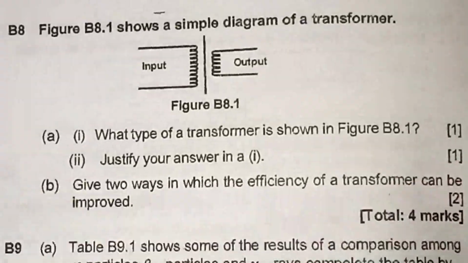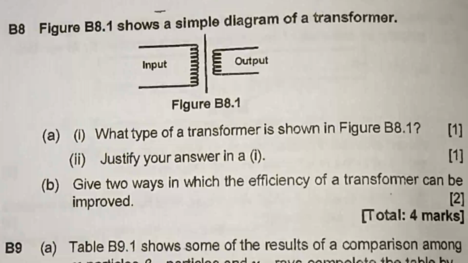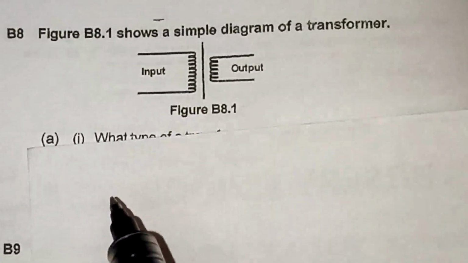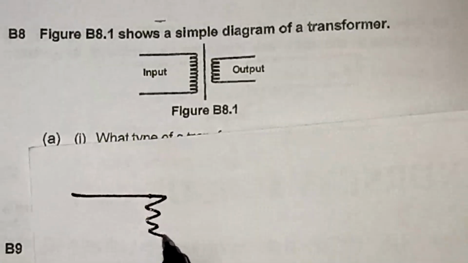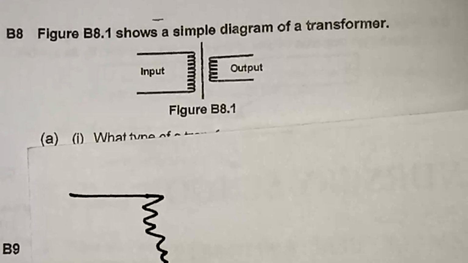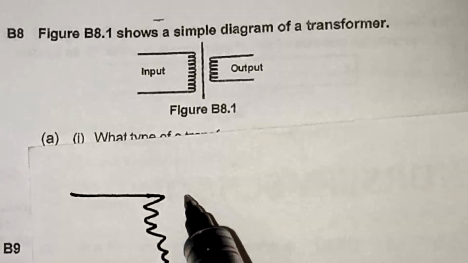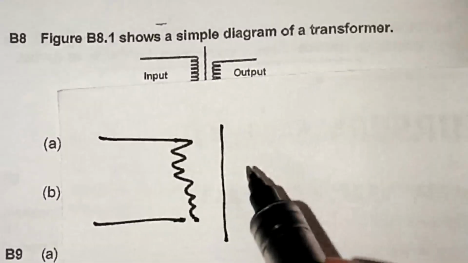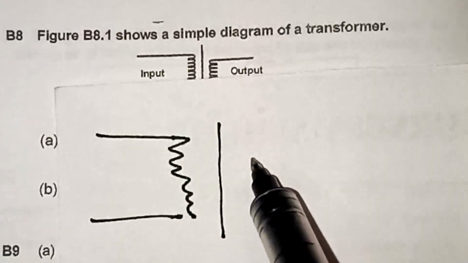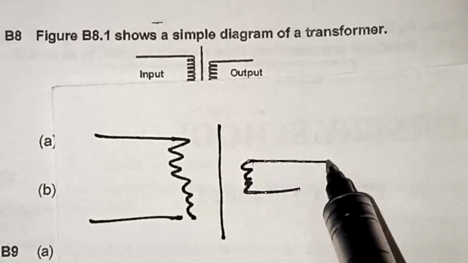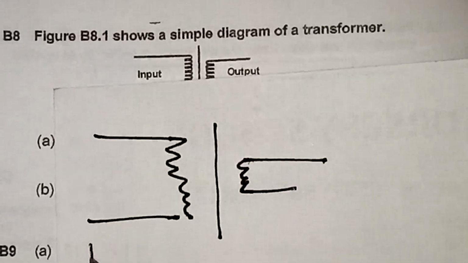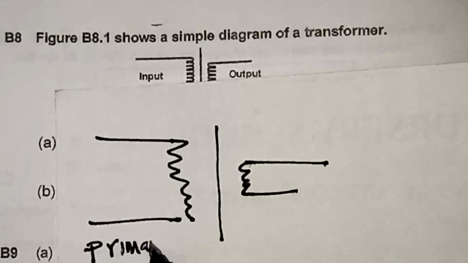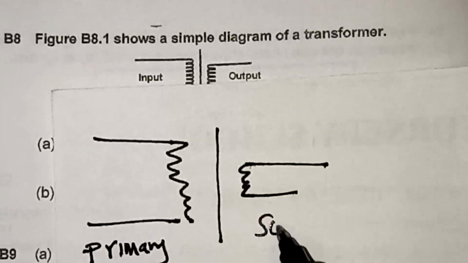Let me give you a second clue. You can see that this question is in this format. There is a line here, and there is another something like this. So this is the primary, and this is the secondary. Now let me draw another diagram, where it becomes the opposite. This is the primary, and this is the secondary.